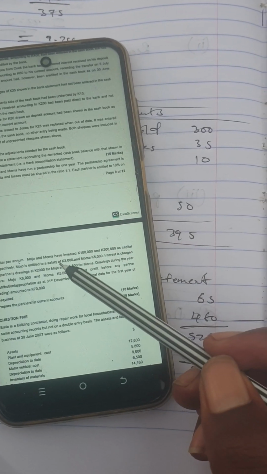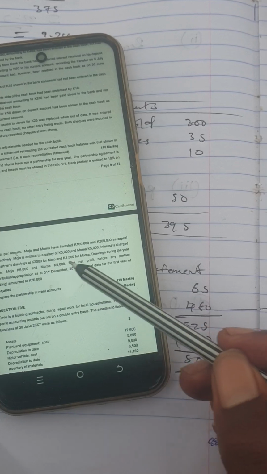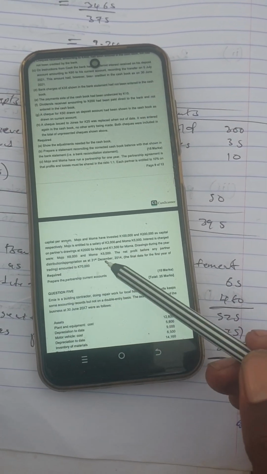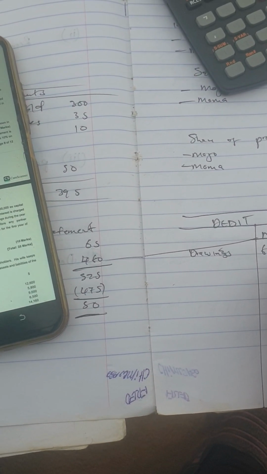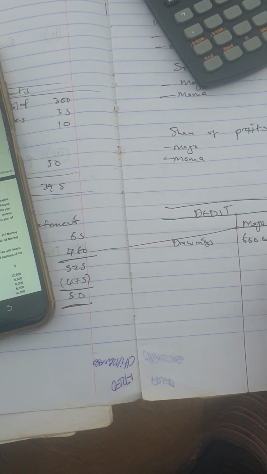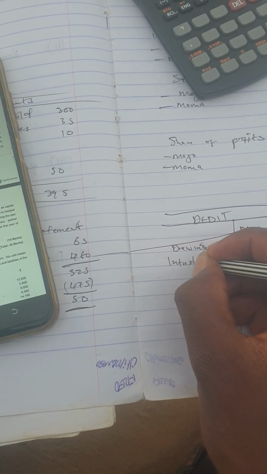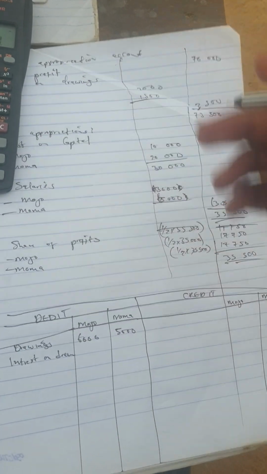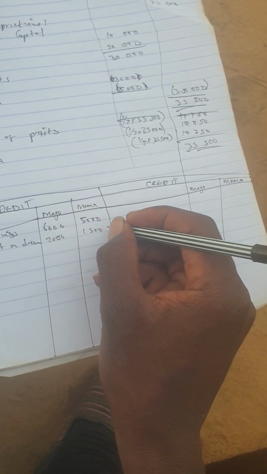Okay, drawings during the year were Mojo 6,000 and Moma 5,000. So Mojo 6,000, Moma 5,000, and then also on the debit side we have interest on drawings as well. So interest on drawings, they were already calculated for us. So we had the 2,000, this one 1,5.